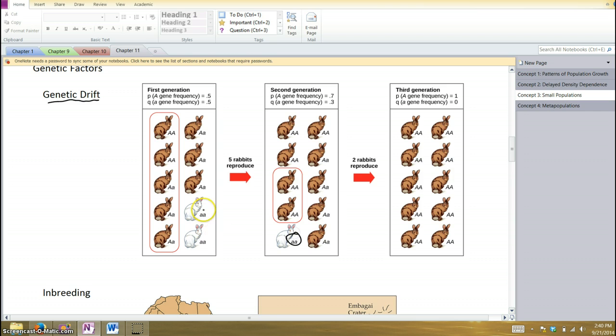They're recessive, you can see. And so it would take 2 of these guys to produce one of these guys. If this were to happen several generations, you can see that not necessarily due to selection, but just due to random mating in a small population, the white ones can basically go extinct.